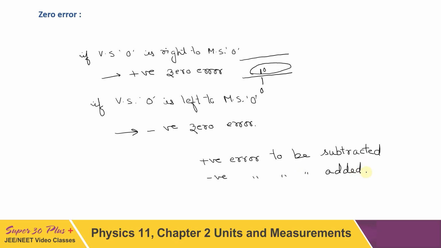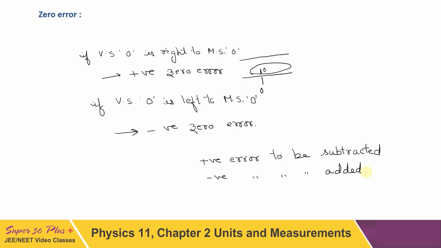So first we have to check the least count of the instrument and then zero error, whether it is there or not. And if it is there, what is the value? First we have checked whether zero error is positive or negative. Now we have to check, if zero error is present, then what is its value.